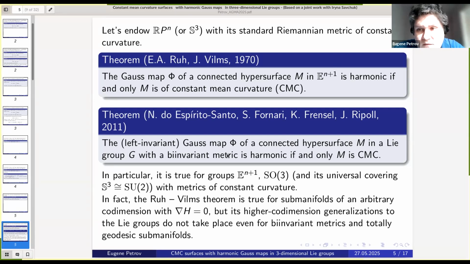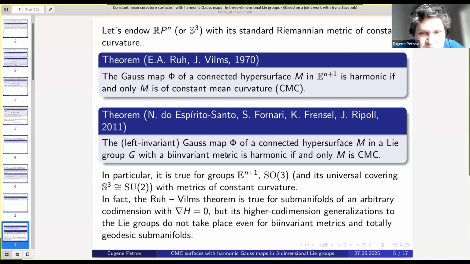So it's a straight generalization. It's true for hypersurfaces in E^(n+1), in SO(3), or if you wish, in its universal covering S^3, with metrics of constant curvature.